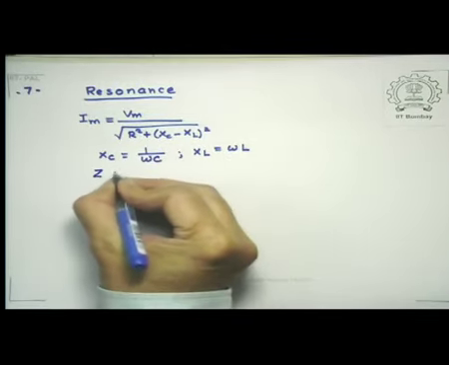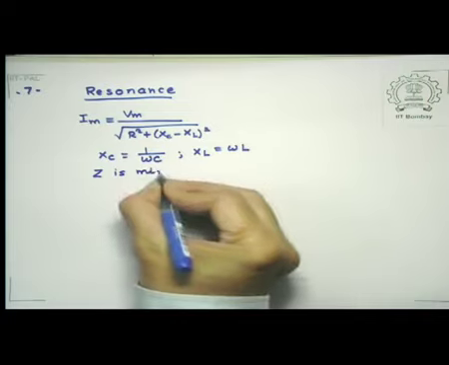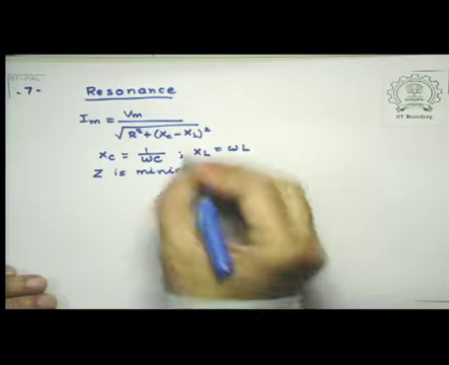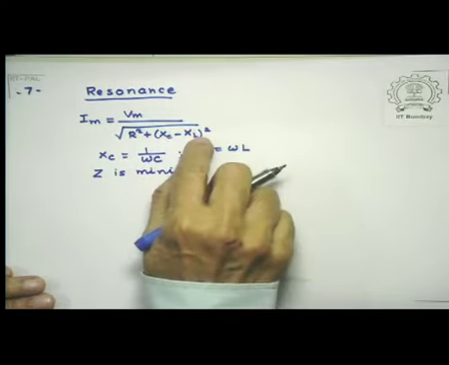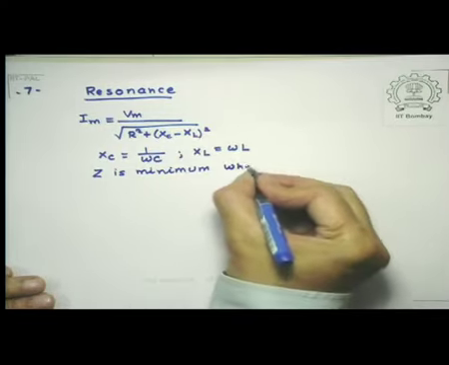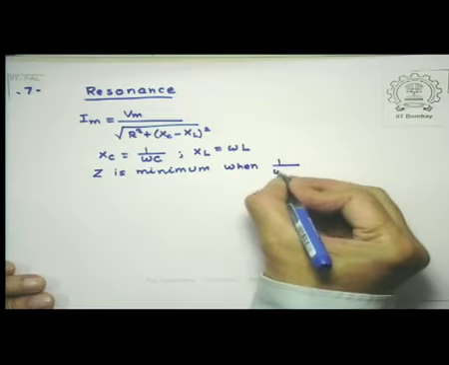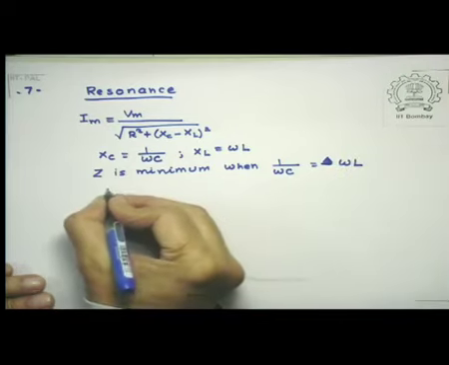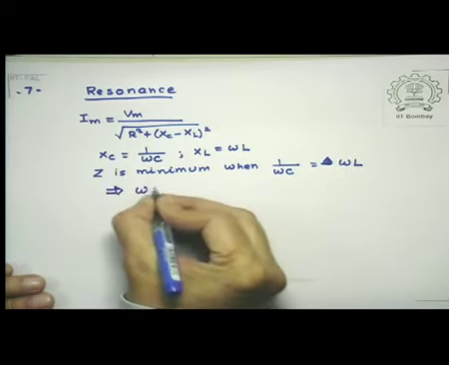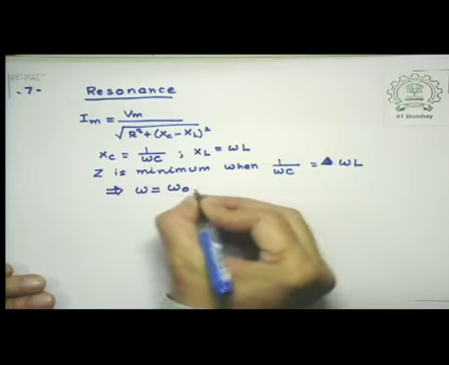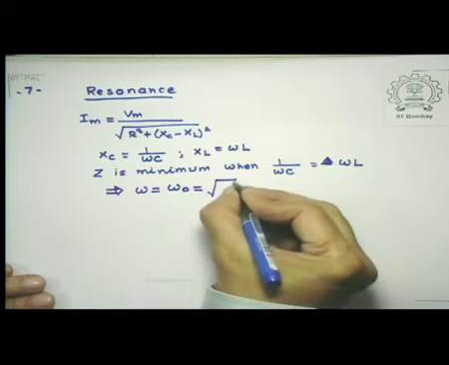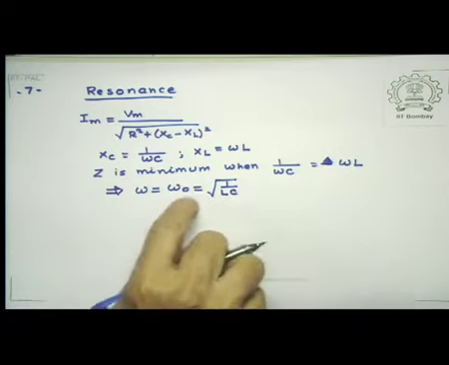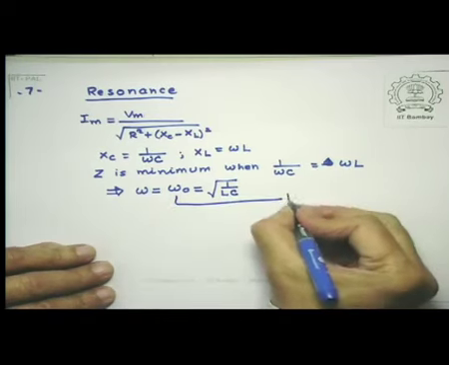So impedance is minimum, implying thereby that the current is maximum when Xc becomes equal to Xl. So when 1 over omega C is equal to omega L, that implies omega is equal to omega 0, equal to square root of 1 over LC. This omega 0 is my definition of the resonant frequency.